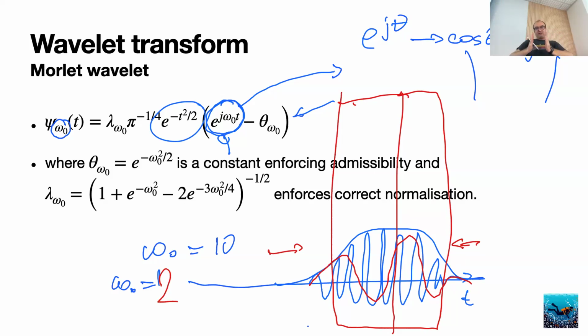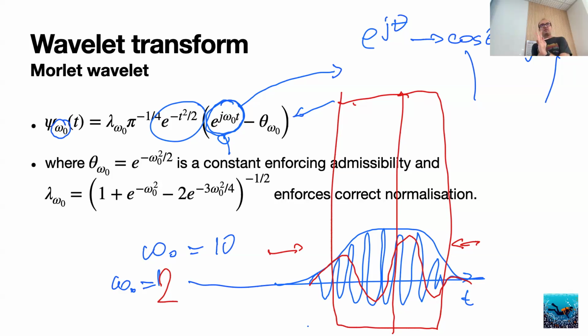So if I squeeze it in the time domain, it will expand in the frequency domain. But if I take the blue wavelet with more oscillations inside, in order to get into the higher frequency, I don't have to squeeze it that much. But in the low frequencies, I have to expand it so long in order to find really low frequencies. So this is the trade-off when you are selecting this omega.